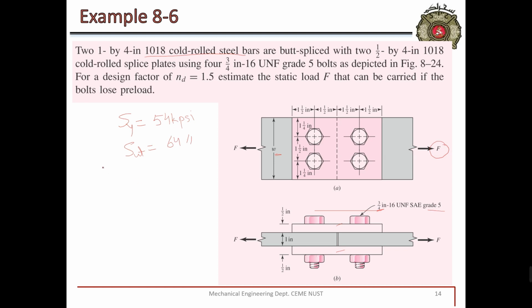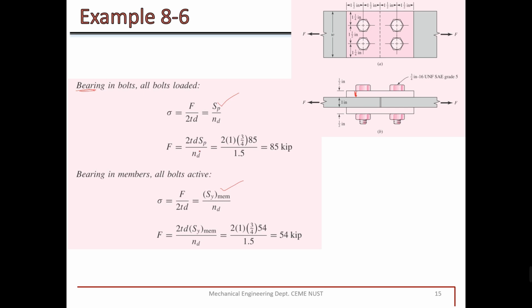Similarly for the bolt, what bolt are we using? It is an SAE grade 5 bolt. For that, we can check the value of SP, which comes out to be 85 kpsi, and the value of S ultimate from table 8-9 comes out to be 120 kpsi. So these values can be taken. These are material properties.